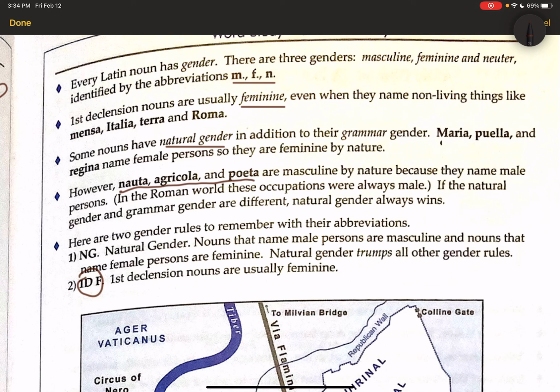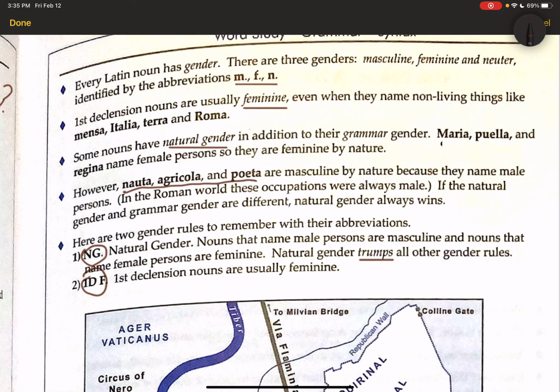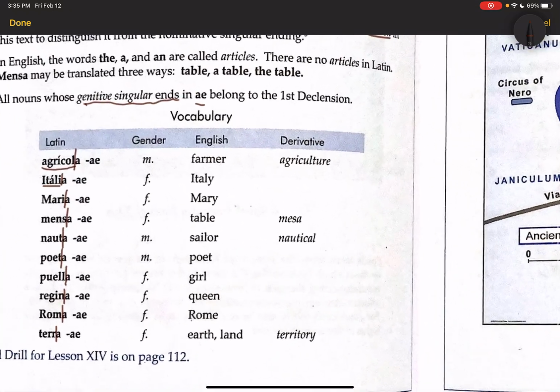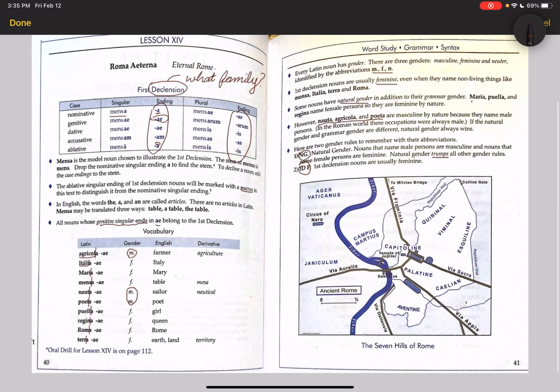So the natural gender rule says that nouns that name male persons are masculine and nouns that name female persons are feminine. Natural gender trumps all other gender rules. So even though most first declension words are feminine, natural gender trumps the gender rule, and so we have farmer, poet, and sailor as masculine nouns. Those are pretty much the only exceptions. There may be a couple of others, but those are really the only masculine first declension nouns.